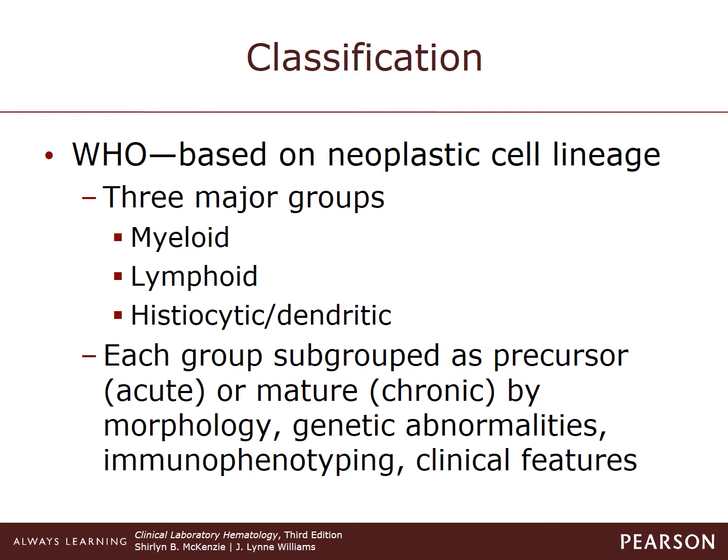They also provide a system for diagnosis using clearly defined clinical features as well as lab features. And they permit meaningful associations of certain types of genetic abnormalities with pathogenesis of neoplastic disease. And each of those classifications are grouped as either precursor acute or mature chronic.